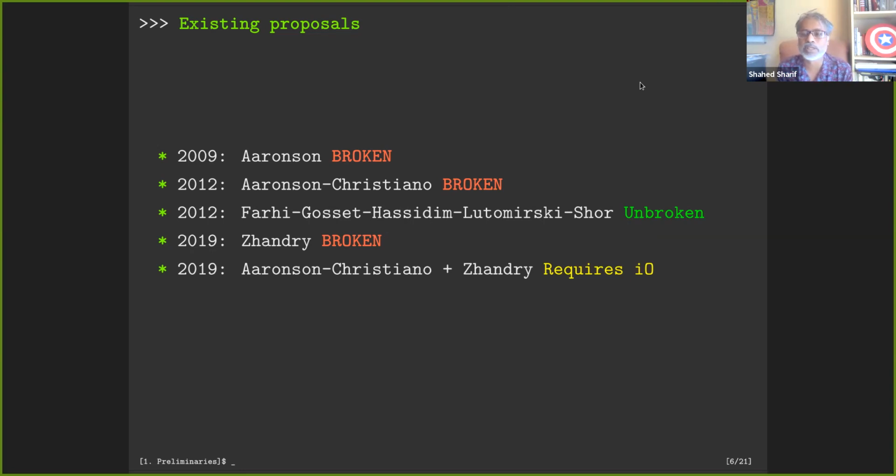So it'd be interesting if anyone knows knot theory to see how that pans out. In 2019, Zhandry proposed in his quantum lightning paper another proposal, and that was broken a year afterwards, I believe. In that same paper, Zhandry proposed a fix to the Aaronson-Christiano scheme from 2012. That fix required indistinguishability obfuscation.